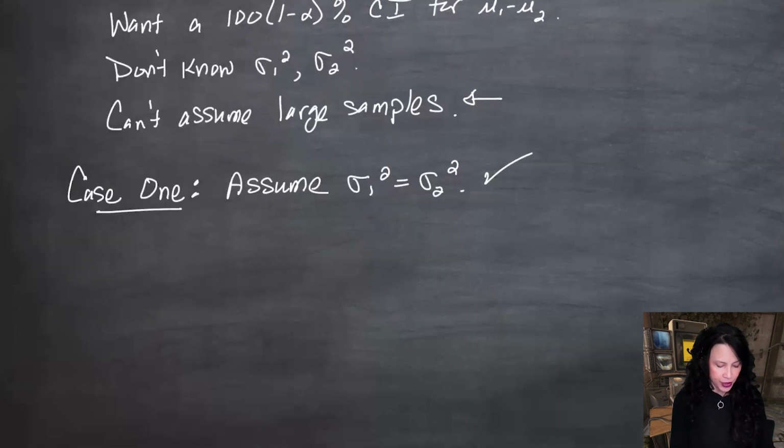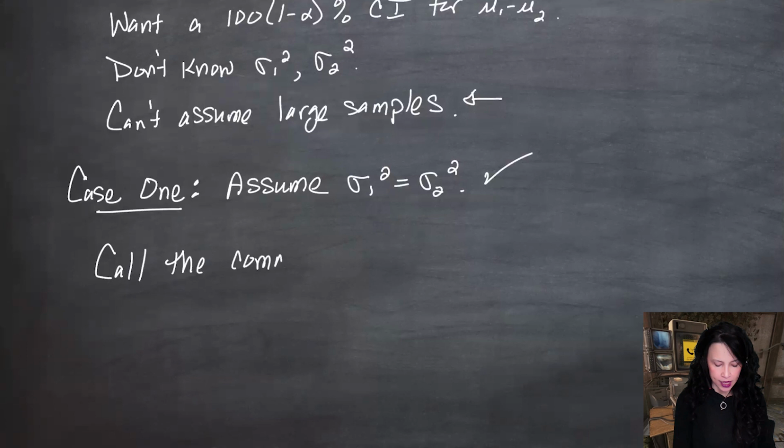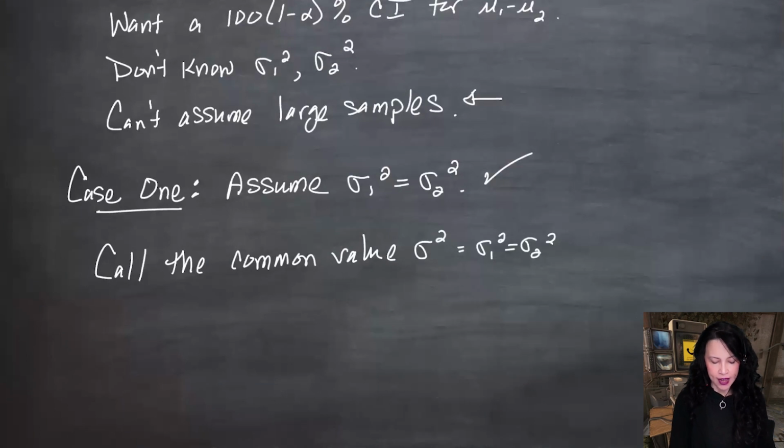And let's continue. So if they're equal, there's just 1 sigma squared. I'm going to call the common value sigma squared. So sigma squared is equal to sigma 1 squared is equal to sigma 2 squared. And I have these 2 samples, one of size n1 and one of size n2 from different populations with different means.